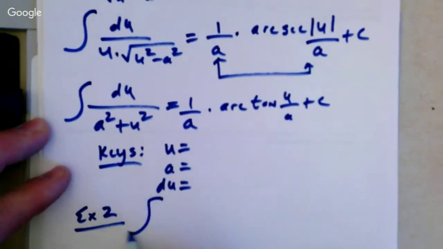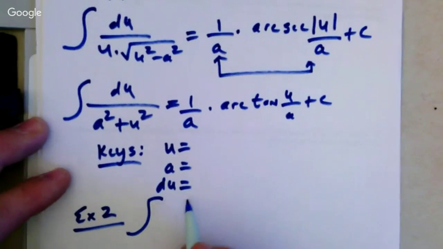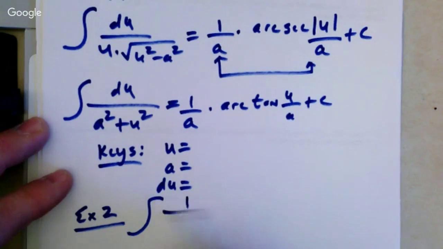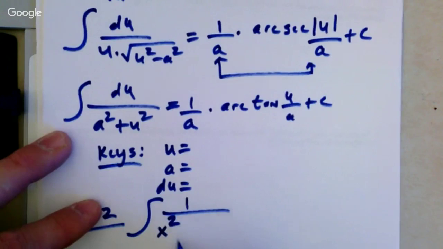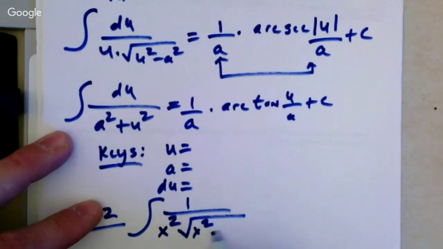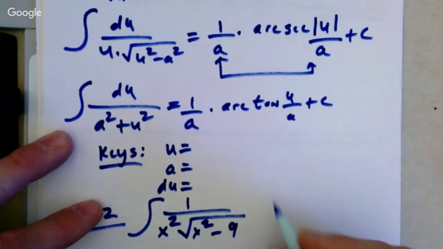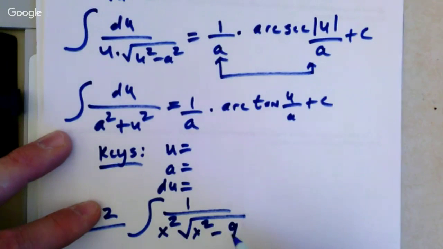Let's go for the integral of, I'm just going to give you an easier one first. Let's go for x squared times the square root of x squared minus 9. And what do we have to make the top? We have to make the top 4x.